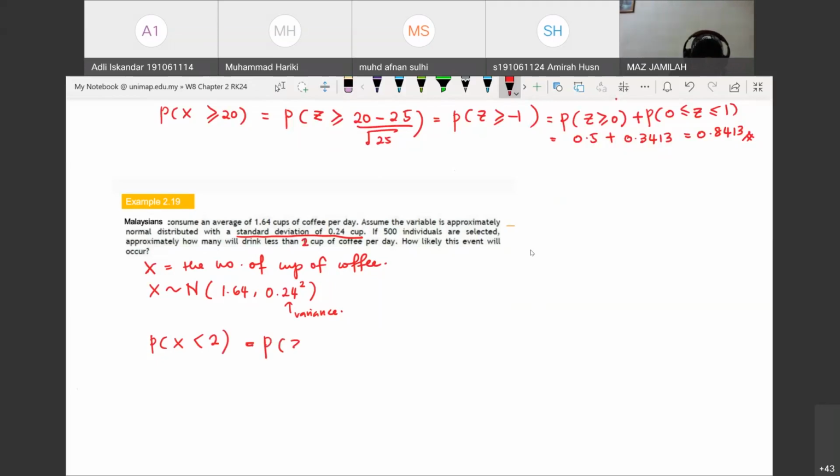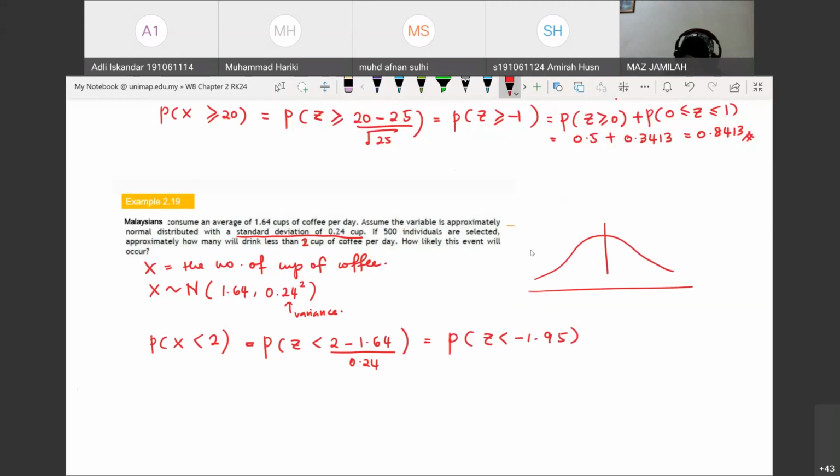So it becomes Z less than (2 minus 1.64) divided by 0.24. So you will get P(Z less than negative 1.95).